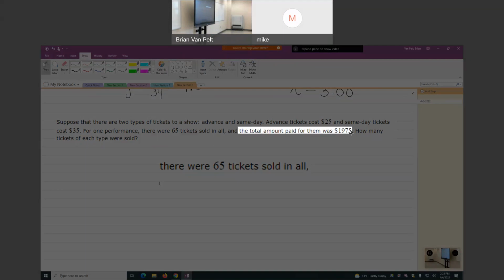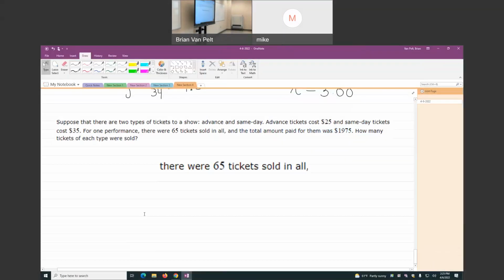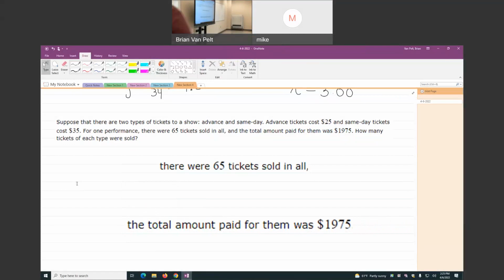This might be the harder part. Longer, I'll put it down here. So on the first one, we had an A plus S equals 65. Can you tell me what sentence you got for the second one?